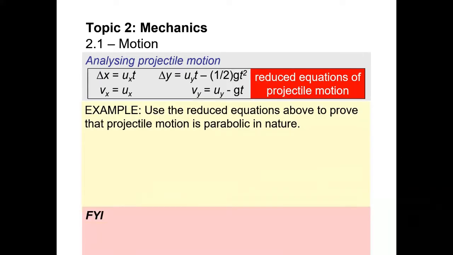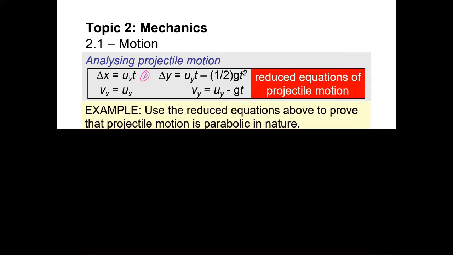Use the reduced equations above to prove that projectile motion is parabolic in nature. Equation 1, from here t equals x over ux. Equation 2, we have delta y equals uy t minus 1 over 2 g t squared.